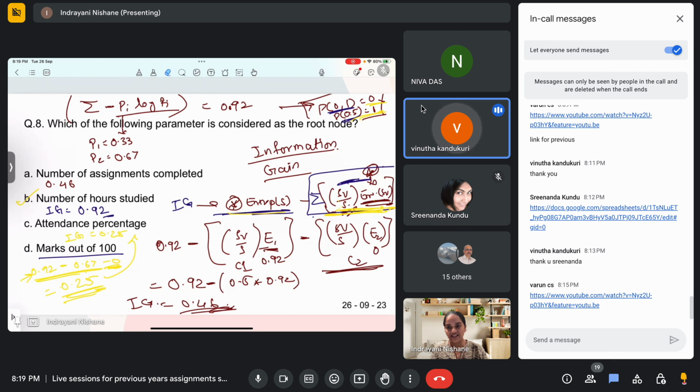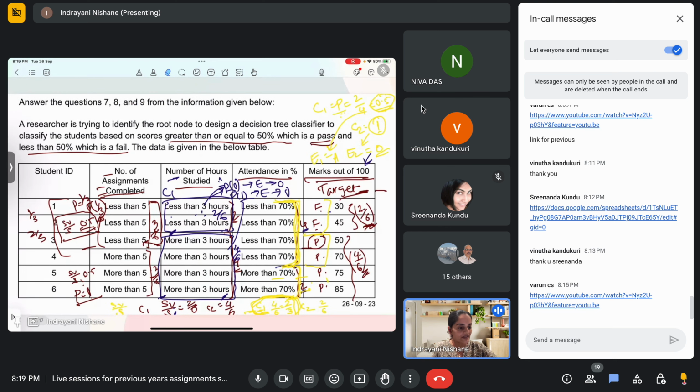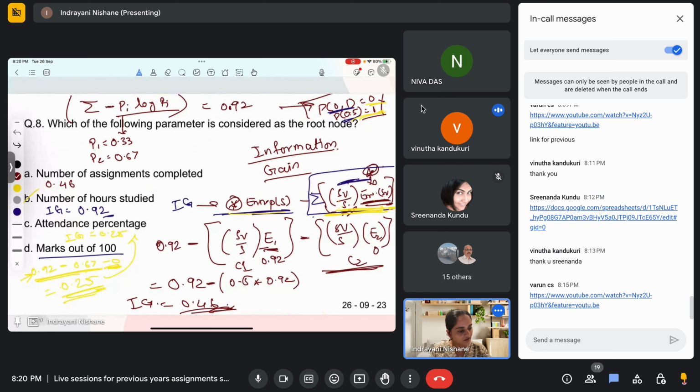This was not complex at all. If you trust me, we did the attendance percentage without much of this, because the probability values we calculated for pass and fail were mostly either 0.5 or 1. So the whole term becomes 0 or 1, and reduces to just S_v by S. The only calculation we did was for this first one, and for number of hours the entire thing became 0.